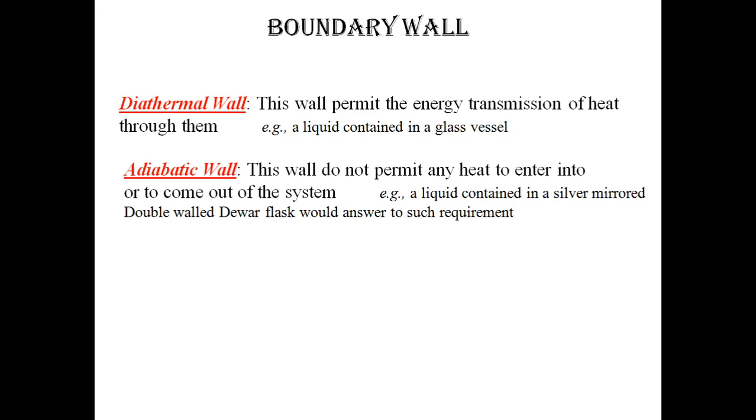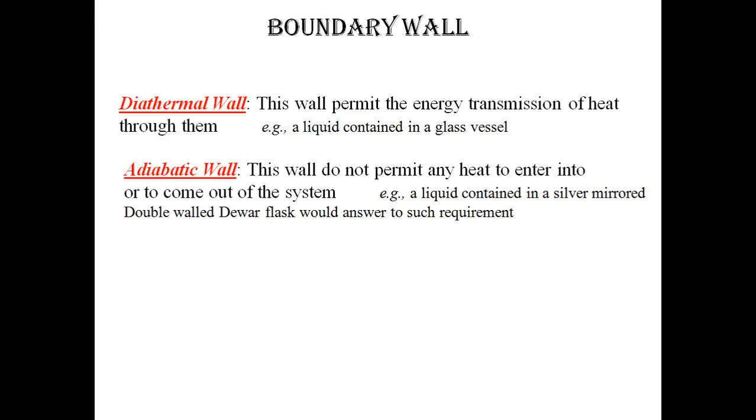Now to have these three kinds of systems, the walls are of two types. One is the diathermal wall, another is the adiabatic wall. A diathermal wall permits energy to transmit, and an adiabatic wall does not. So to get an isolated system, the wall you need is the adiabatic wall.